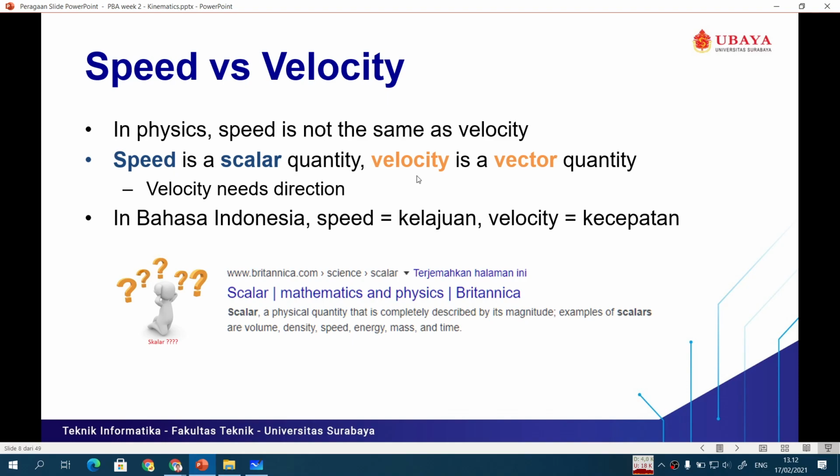Meanwhile, velocity is a vector, and we will review vectors in a short while. So velocity needs direction. In bahasa Indonesia, we translate speed as kelajuan and velocity as kecepatan. So in physics they are not the same, but for everyday use, you can use speed or velocity. I think people more frequently use speed instead of velocity.